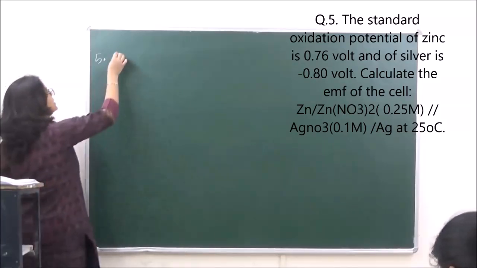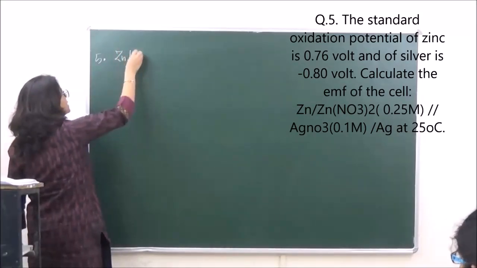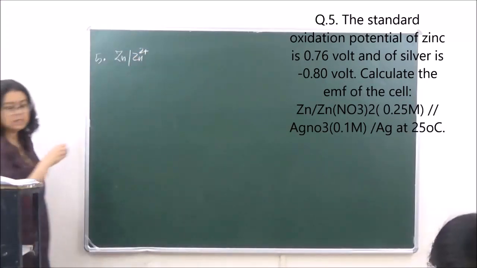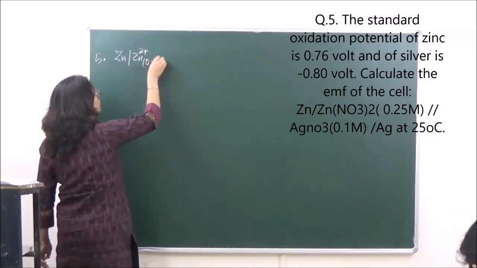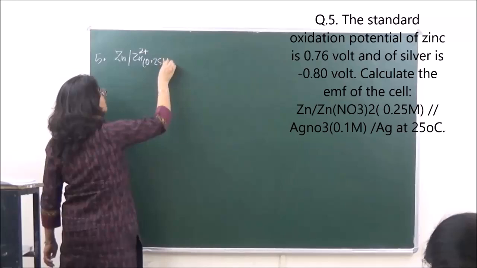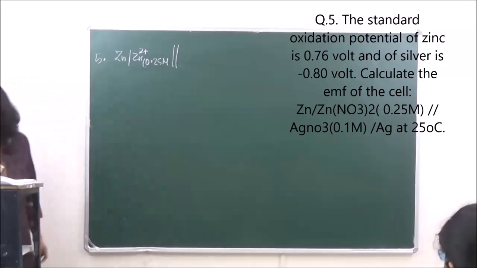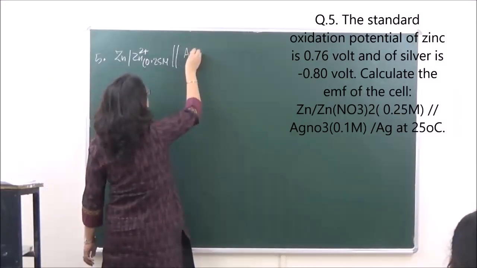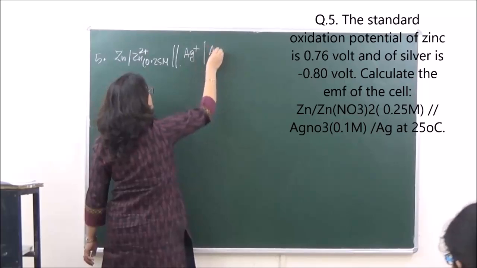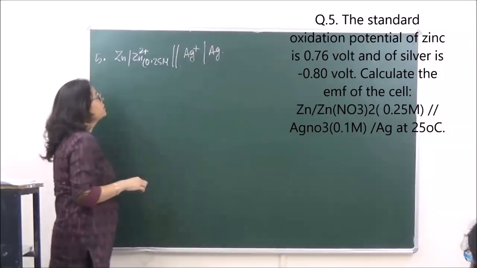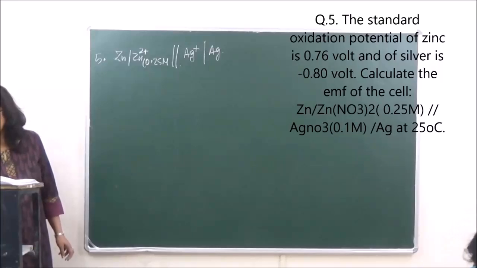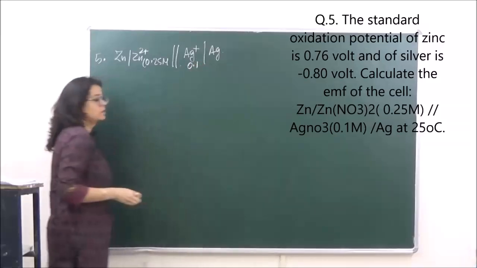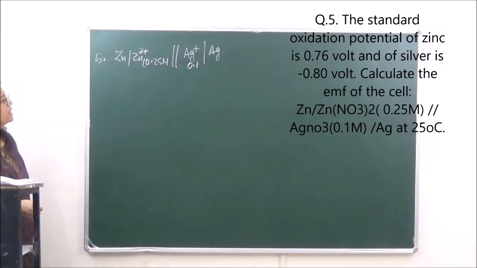They have given us Zn slash Zn2 positive, concentration given to us is 0.25 molar, double slash Ag positive to Ag, and the concentration of Ag positive given to us over here is 0.1. ठीक है. So let's calculate over here.